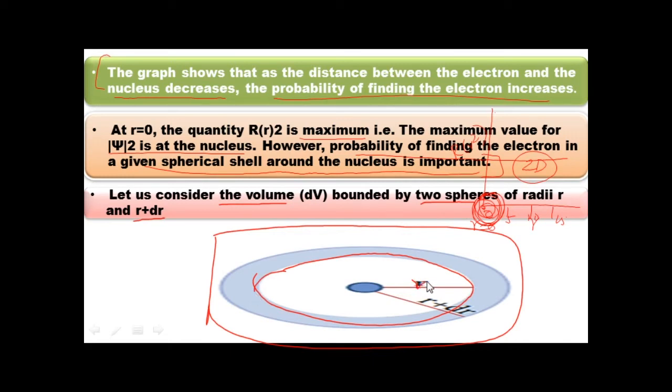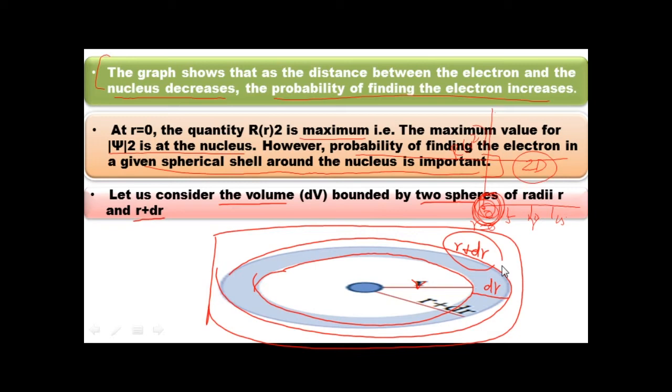Then we fill the air, and when air is filled the volume increases. So the second shape has changed compared to the first, and that change is dr. In the total volume, the radius has changed from r to r plus dr.